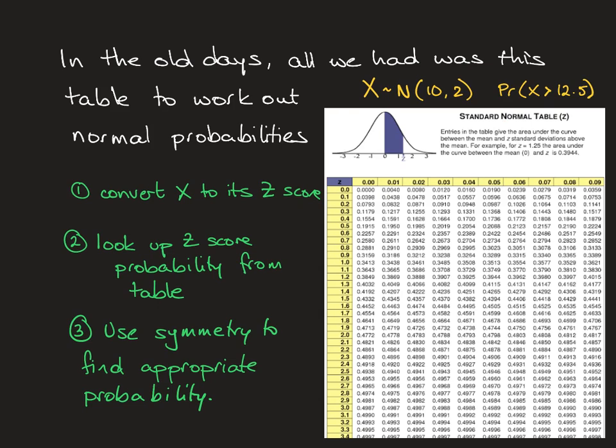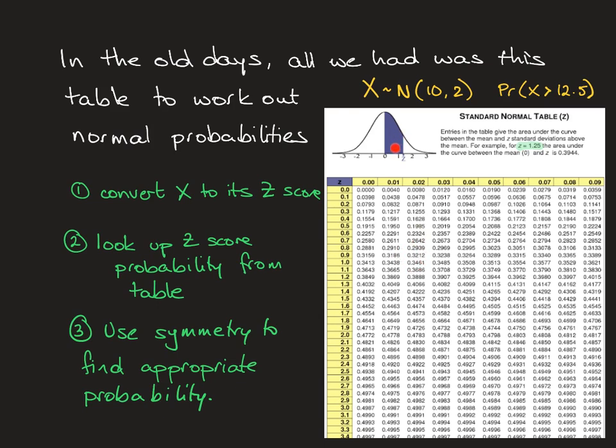Now it just so happens that I've made the z-score for this particular distribution equal to the z-score that they've got here of 1.25. Now, to read the probability for 1.25, you can see this little coloured section of the graph. So this table is going to tell me this probability in here.